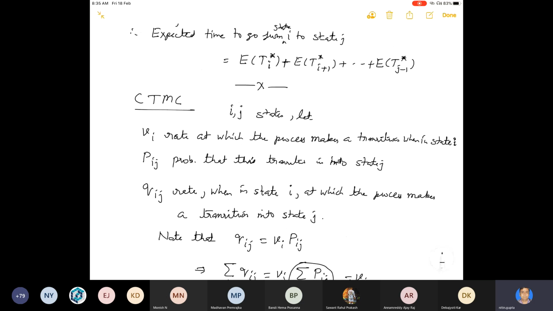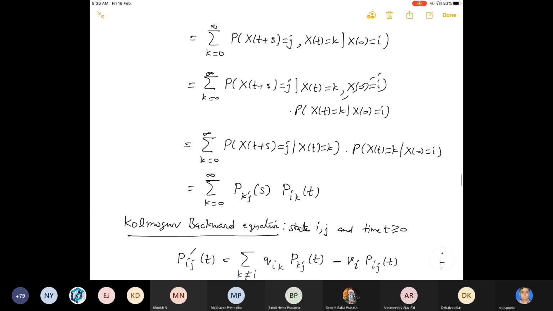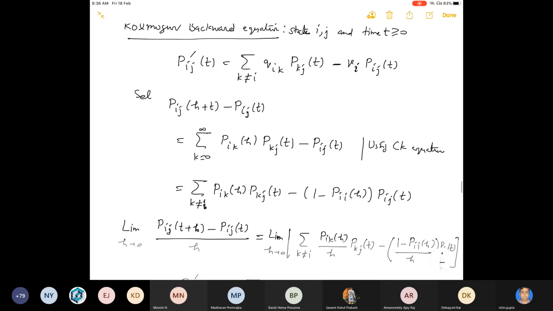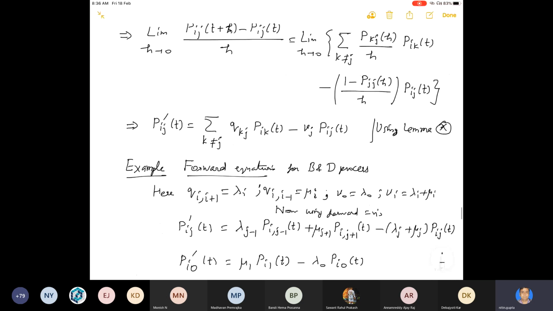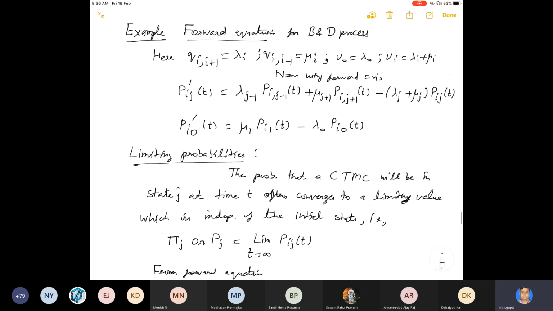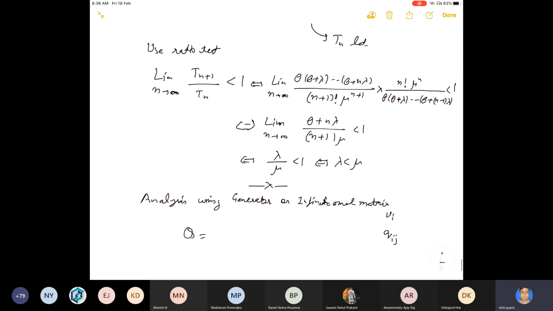Qij is the rate, when in state i, at which the process makes a transition into state j. So Vi, Qij and Pij are the parameters of the continuous time Markov chain. Okay, so Vi we can also denote by Qi, just a notation. Both are the same basically.